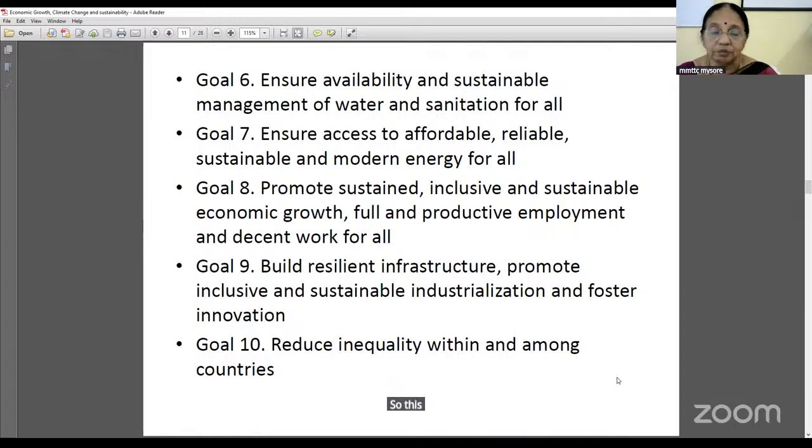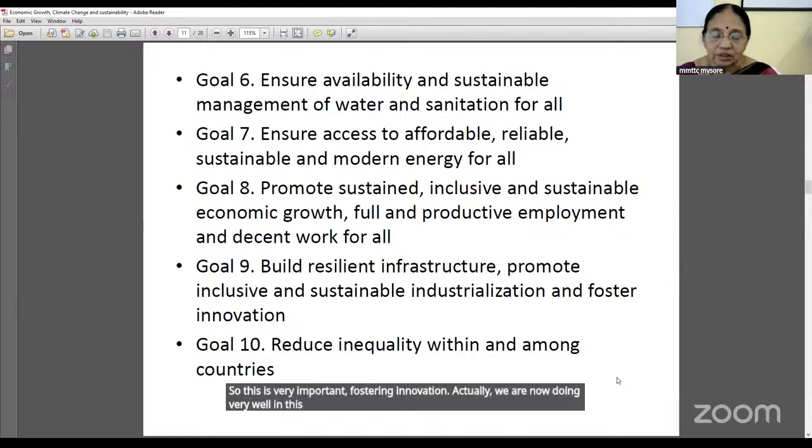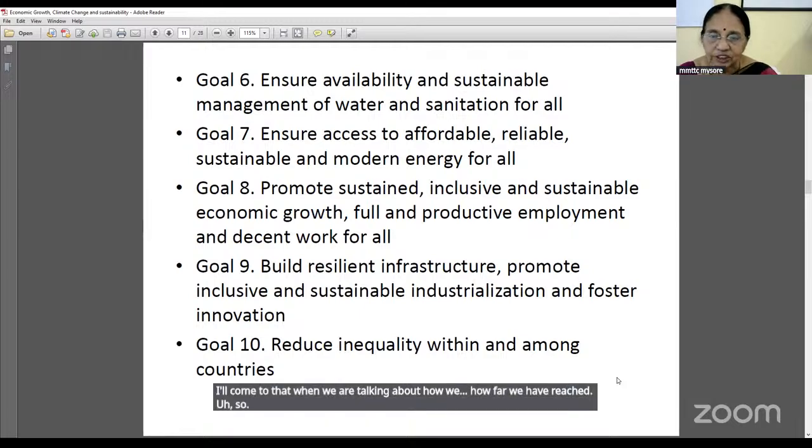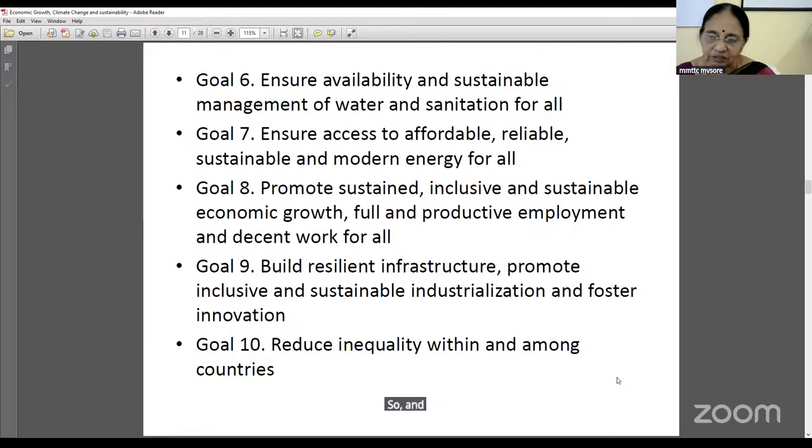So this is very important, fostering innovation. Actually we are not doing very well in this particular goal. I'll come to that when we are talking about how far we have reached. Resilient infrastructure and inclusive and sustainable industrialization, and also fostering innovation.